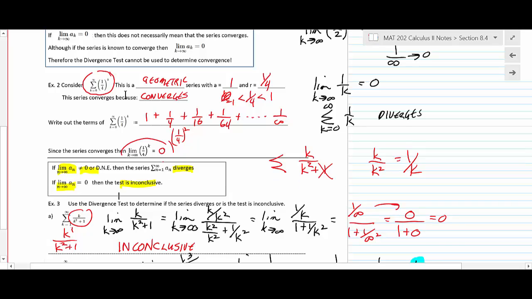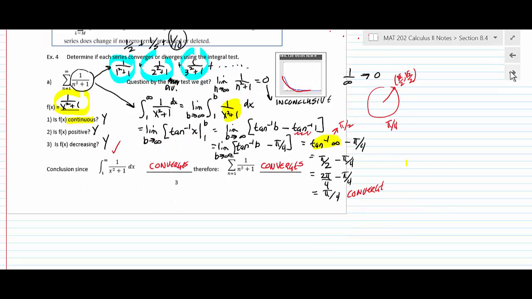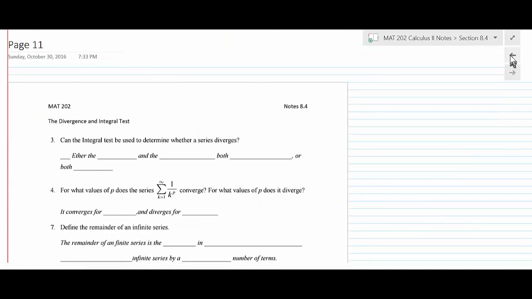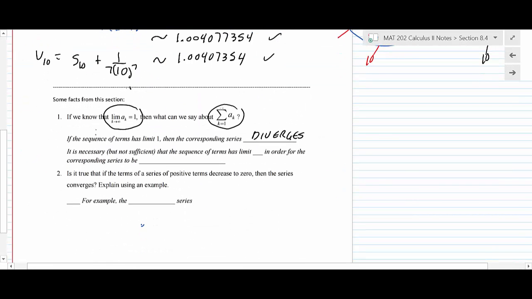So when you're doing the divergence test, if you can establish that that limit is not 0 or doesn't exist, then it means that the series is going to diverge. So that's what this question is basically saying. It is necessary but not sufficient that the sequence has a limit of 0 in order for the corresponding series to be convergent. And again, that's the divergence test.